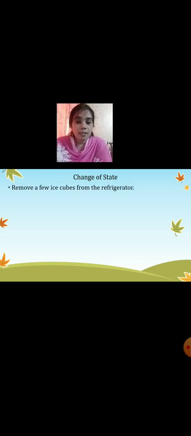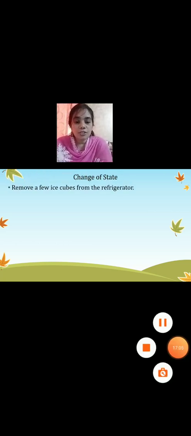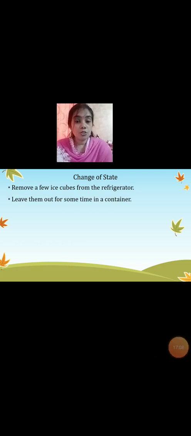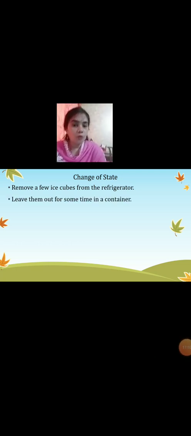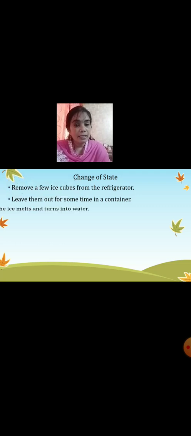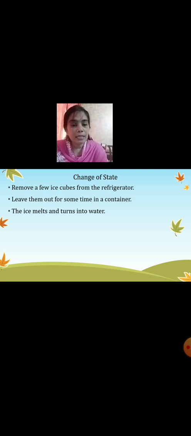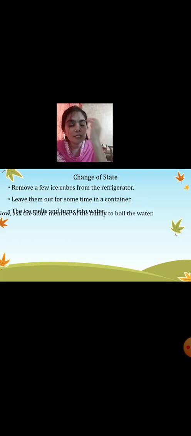Now let's learn about the change of state. In the part 2 video, you must have seen the activity we did with the ice cubes. You take a few ice cubes and leave them in a container outside. What happens? The ice starts melting and turns into water.